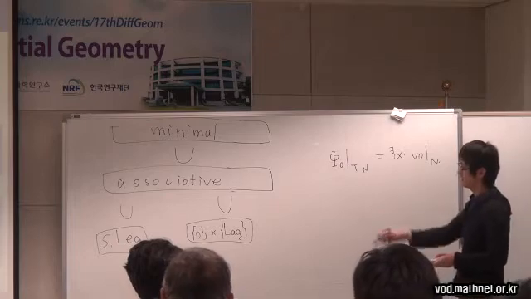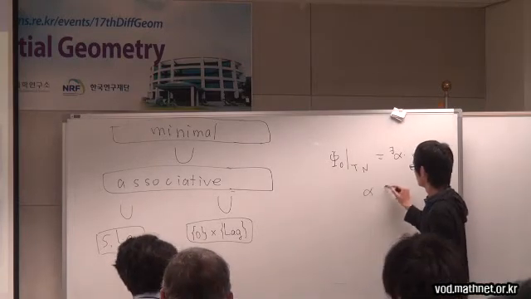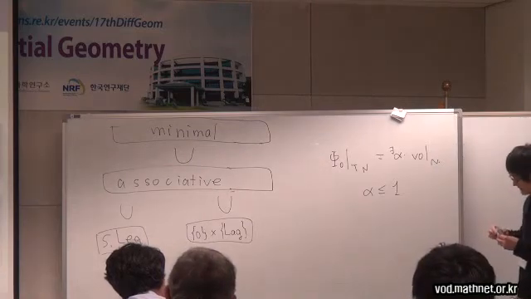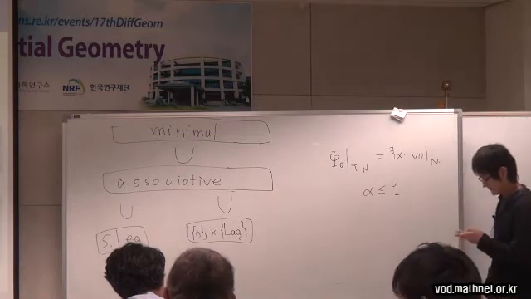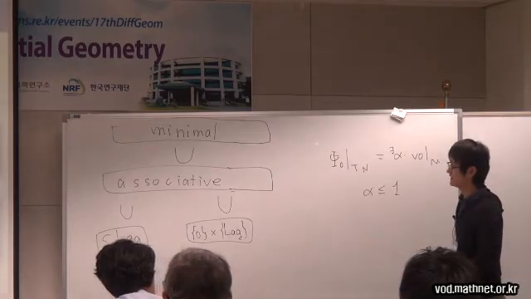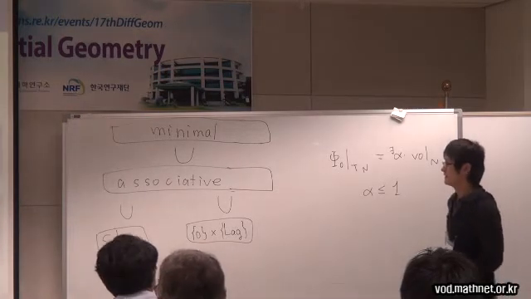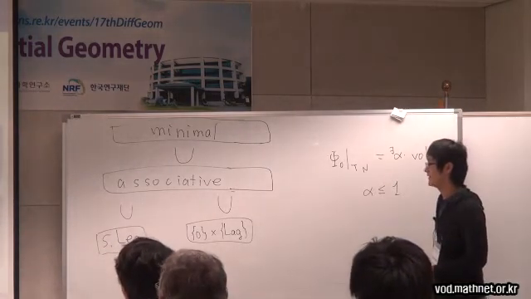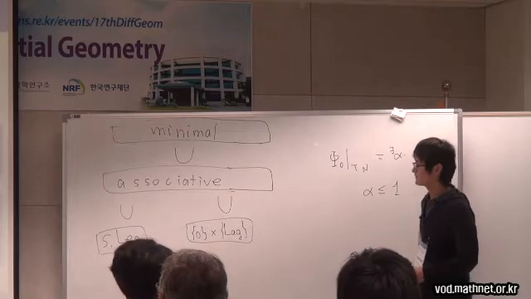So that inequality means that alpha is less than or equal to 1. And these properties are known. And by using this four-form phi 0, we can define the submanifolds.